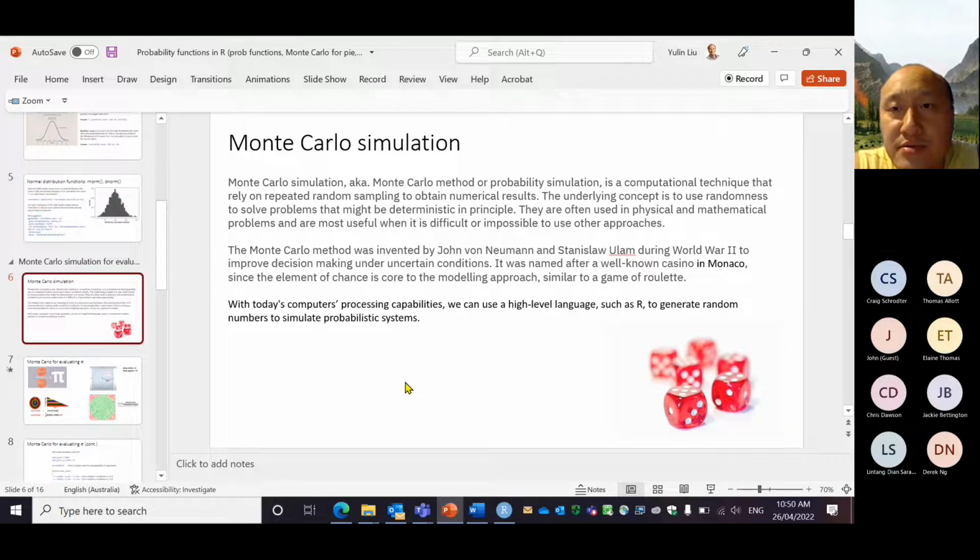It's a computational technique that relies on repeated random sampling to obtain numerical results. The underlying concept is to use randomness to solve problems that might be deterministic in principle. So for example, in this case, we're going to evaluate the value of pi.